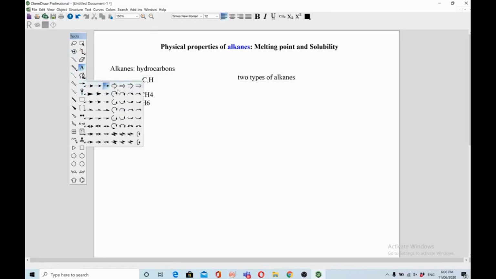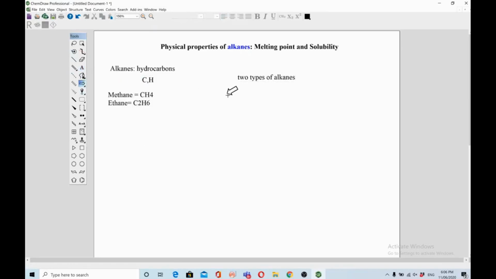One is symmetrical alkanes and the other is unsymmetrical alkanes.